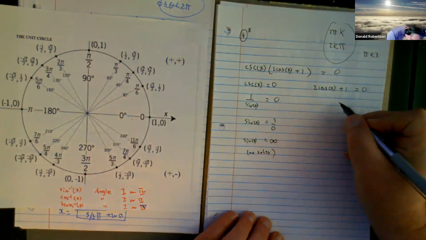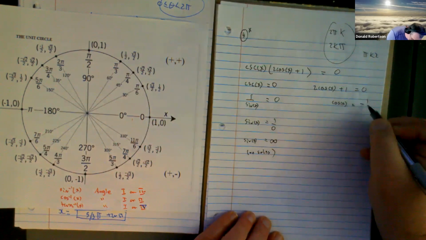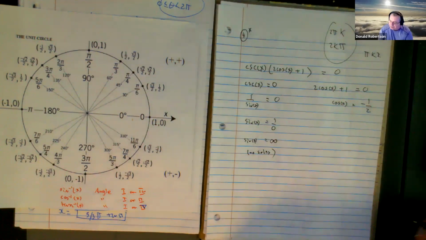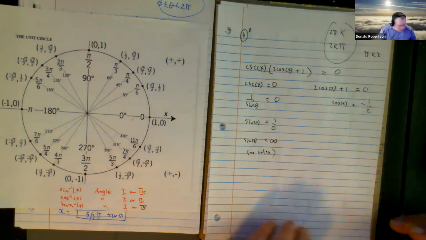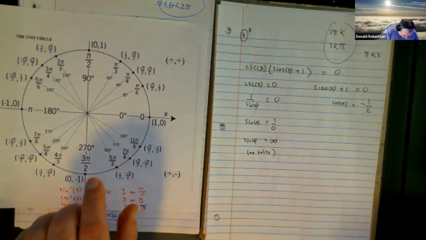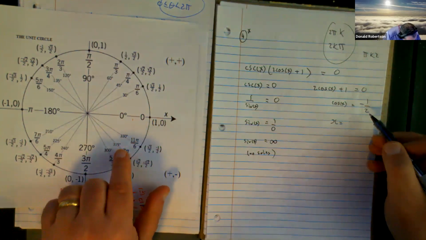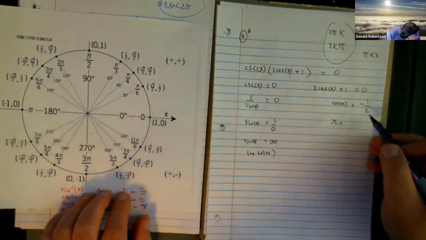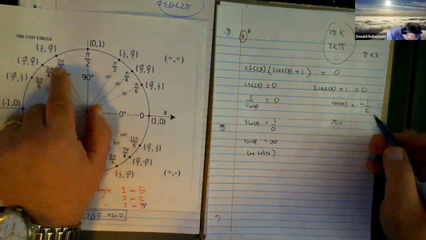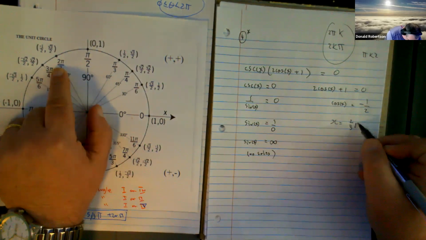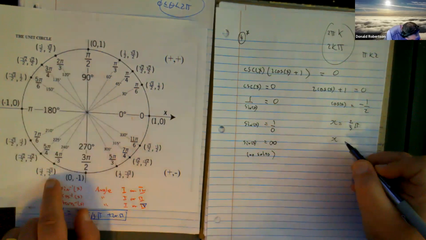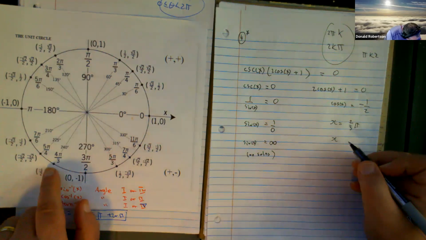Now this fella, can I jump straight to its -1/2? You know, you can fill in the gaps. If we then look for some places where the cosine is -1/2, I'm looking for an x coordinate of -1/2. And so I'm going to get 2/3 pi, and another x coordinate is -1/2.